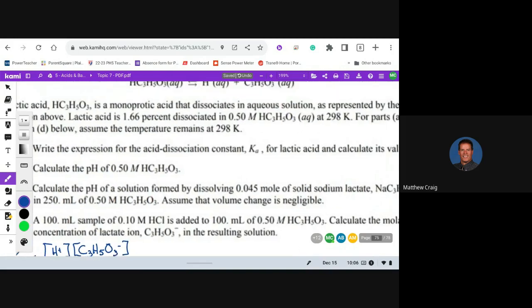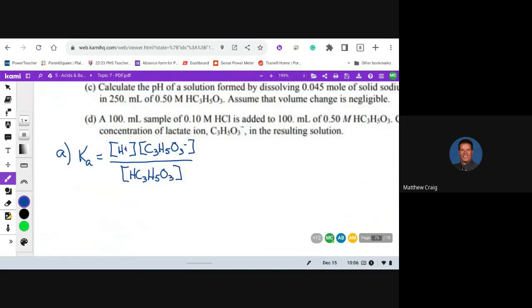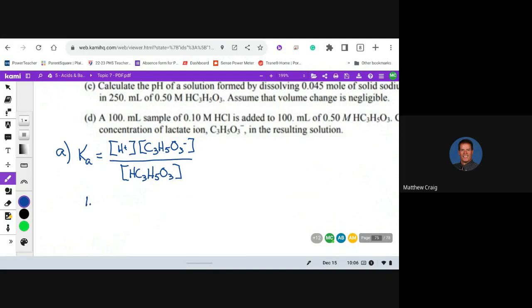So we know we have a 1.66 and a 0.5. So 1.66% looks like this, 0.0166. And this equals X, which also equals your hydrogen.